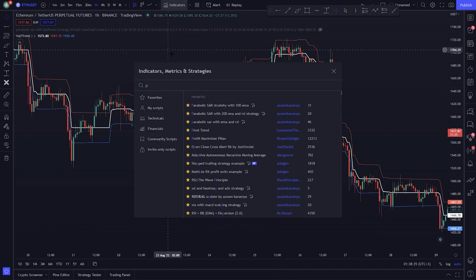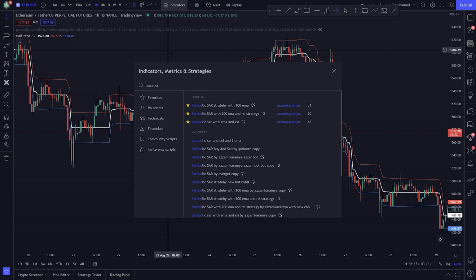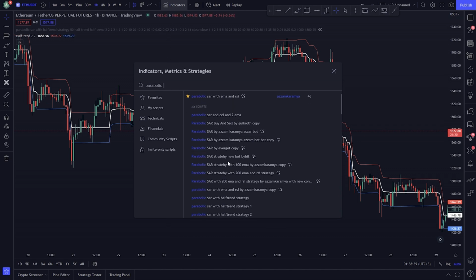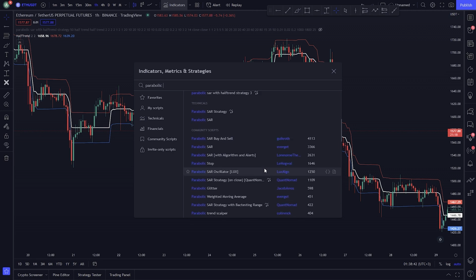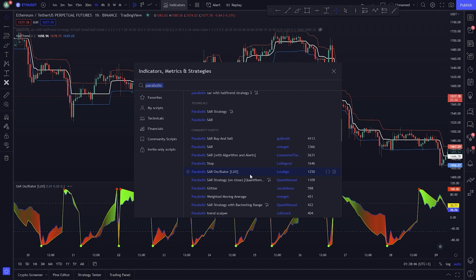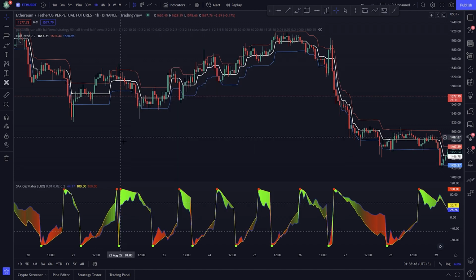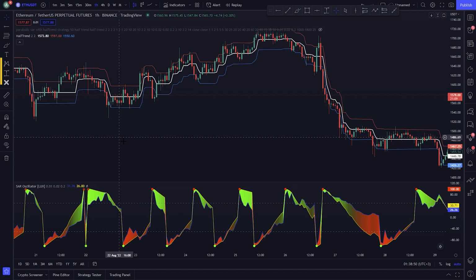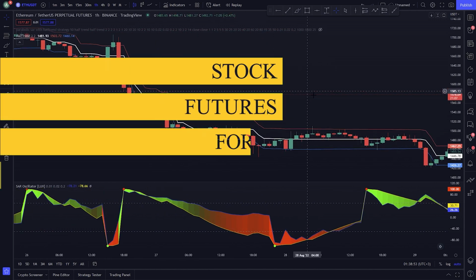Parabolic SAR oscillator by Lux Algo. This strategy can be used in all types of markets: stocks, futures, forex, and crypto.